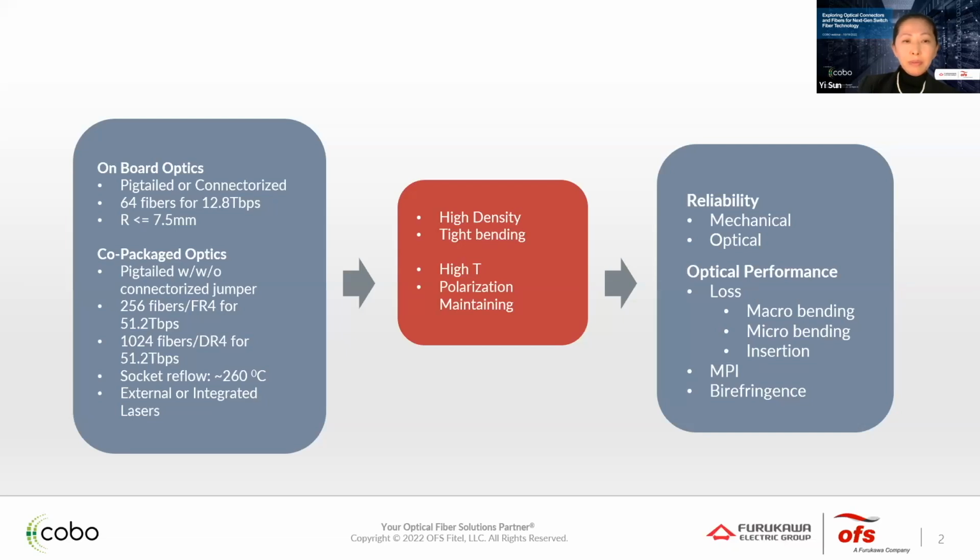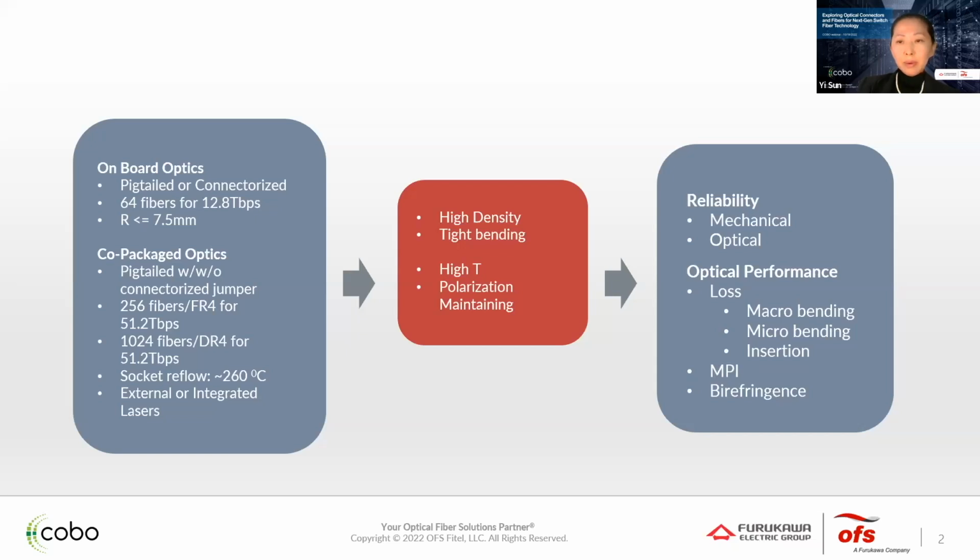And that piece of fiber can be a pigtail, or connectorized, or a pigtail with a connectorized jumper. And the number of fibers can be very large. To quote some numbers here, for a switch bandwidth of 51.2 terabits per second, it could be 256 fibers for CPO based on FR4, and that number could be over 1,000 if it's based on DR4.